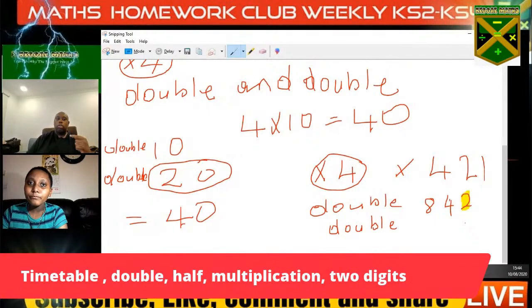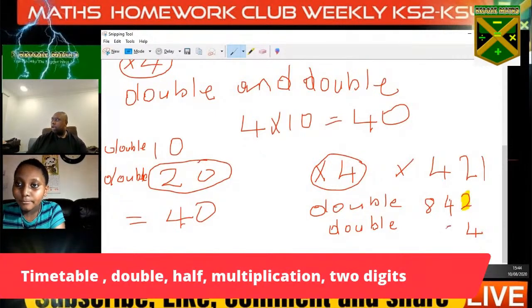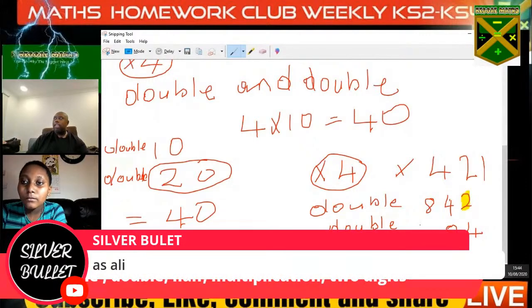Okay, look at the board. 2 add 2 is 4. Just focus, Denzel. 4 add 4, 8. And 8 add 8, 2 times 8, 16.